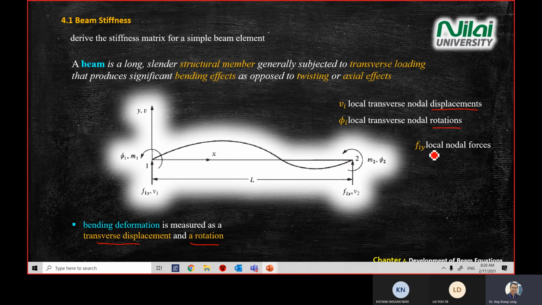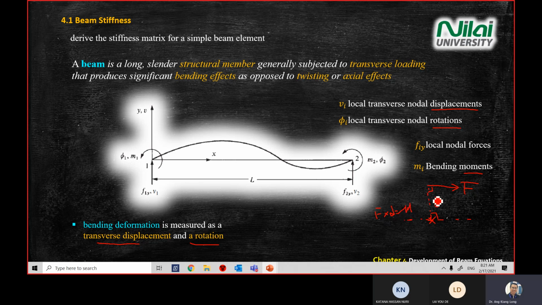What is F? Small f is a local. If you have a capital F, it means it's a global force. If you have a small f, it means it's a local, referring to the element. We have a bending moment, m. Again, what is moment? If you have a point x here, and you have a force, the product of the force and the perpendicular distance, F cross D, gives you moment.